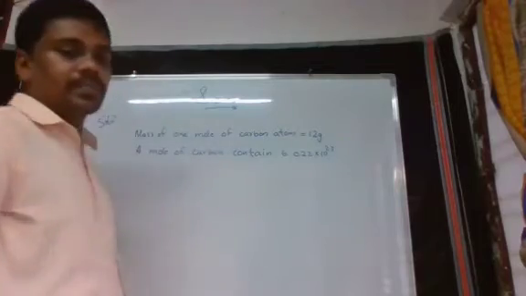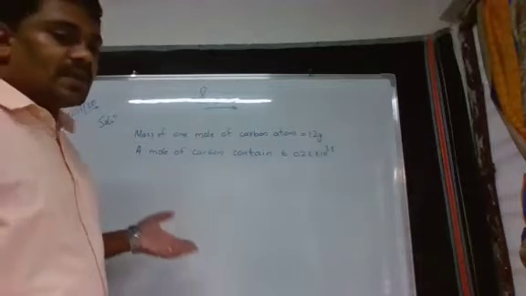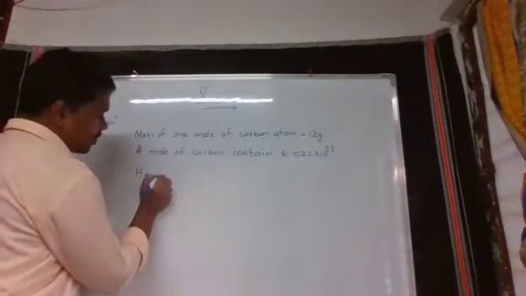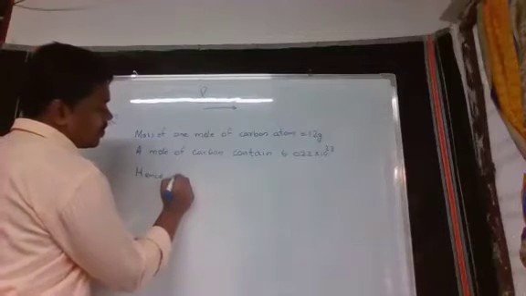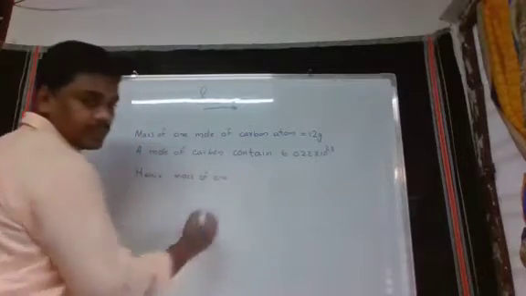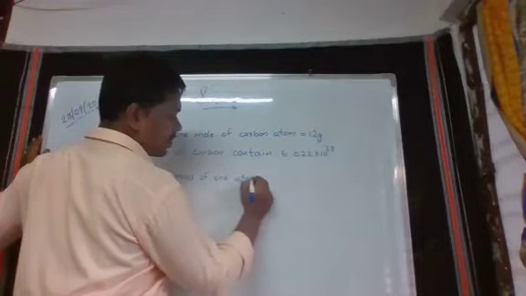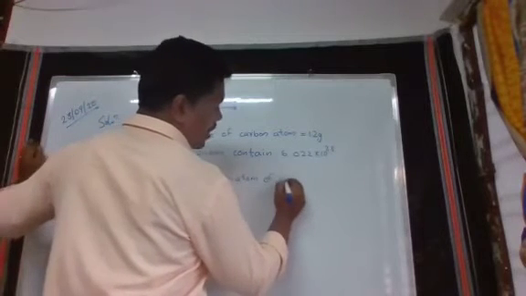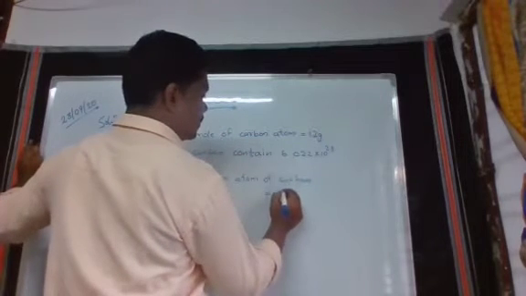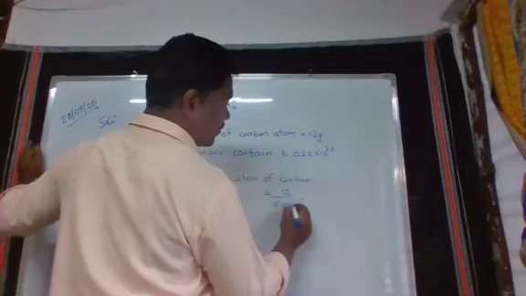Then, mass of 1 atom of carbon is 12 by 6.022 into 10 raised to 23.